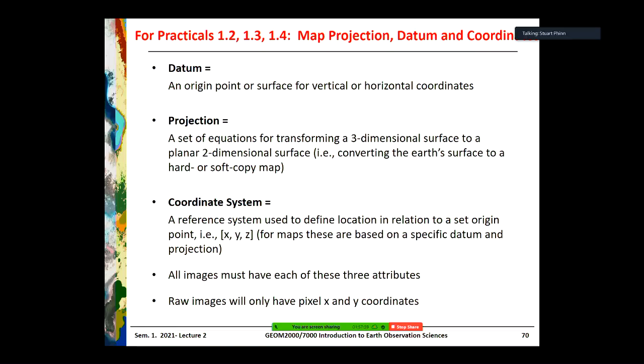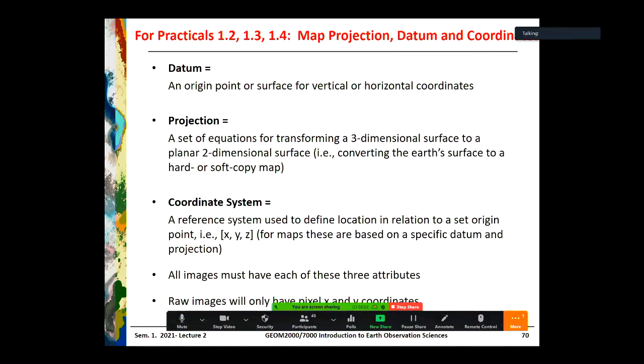As an example, you might have an aerial image of Brisbane that's collected with the current Australian datum that we're using, and then one from 10 years ago. You put them on top of each other. They'll sit on top of each other, but they might be out anywhere from 50 to 200 metres. So the locations wouldn't sit in the right spot all the time.